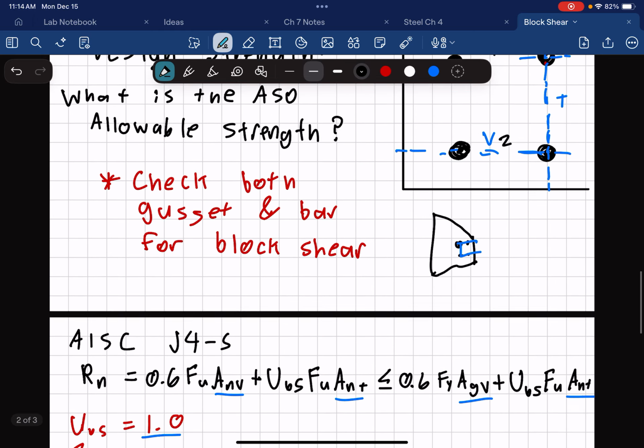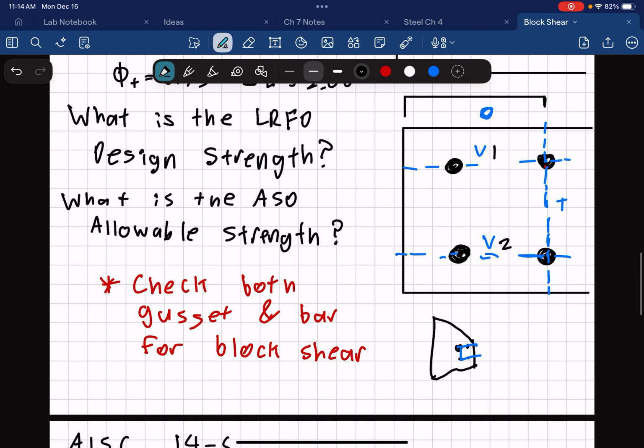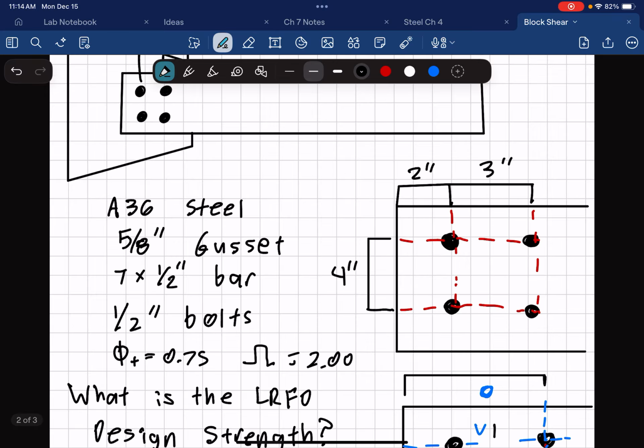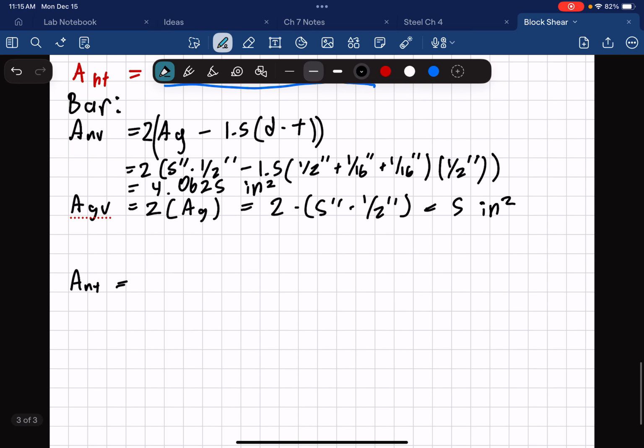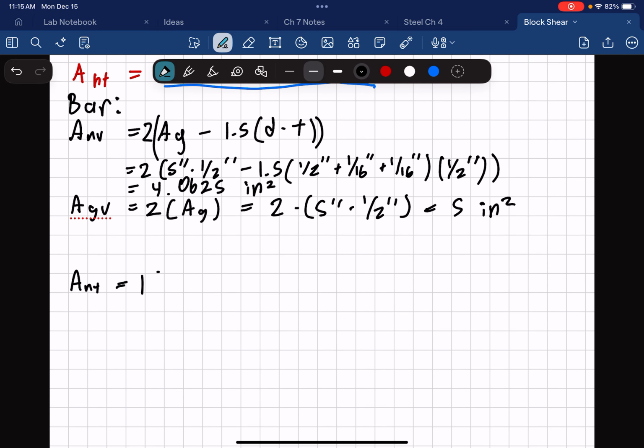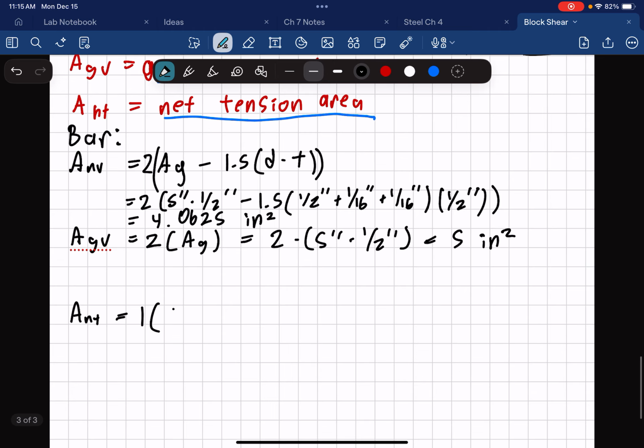Now our net tension area, we're going to have to apply similar principles. So we have to care about what is this spacing here, and then we're going to have to subtract 2 half bolt holes, which is going to be 1 bolt hole. So we only have 1 surface here, and our assumed area would be 4 inches, because that's the spacing, times a 1/2 inch.